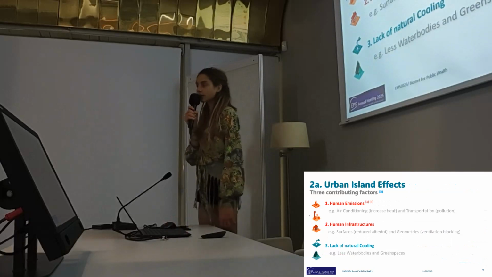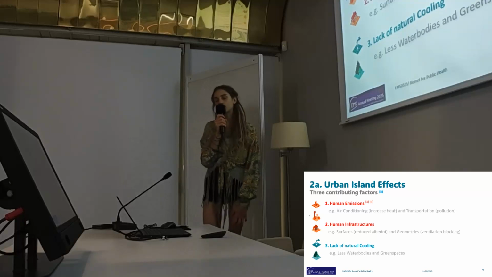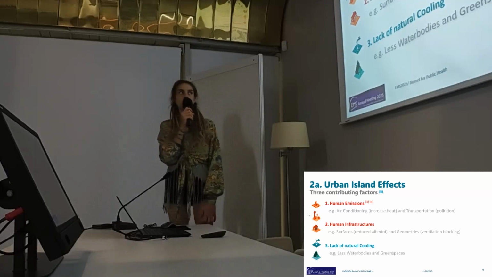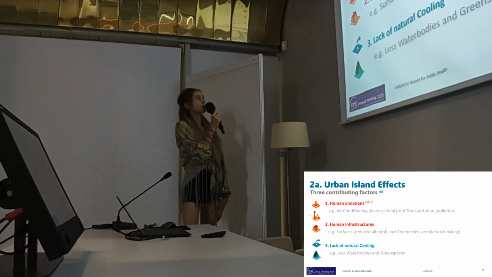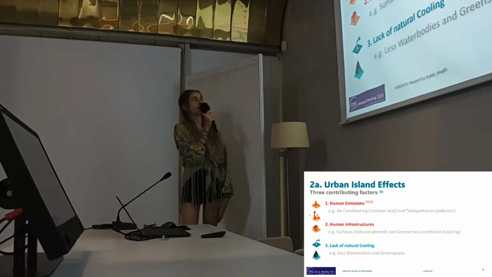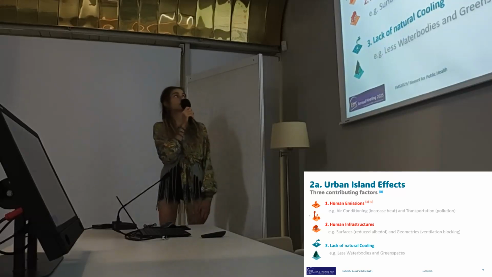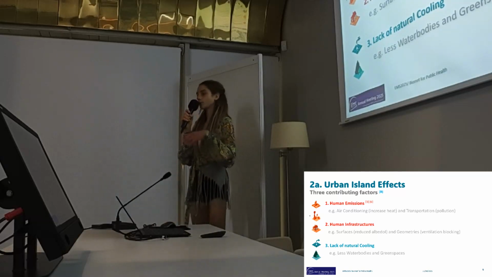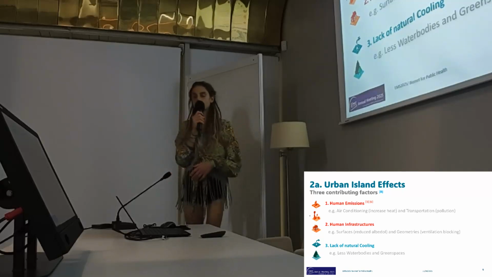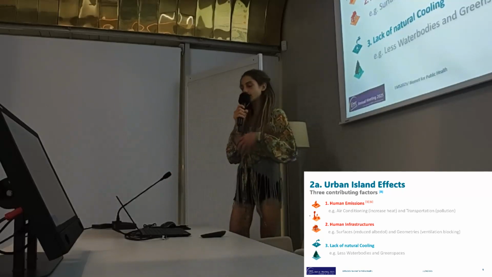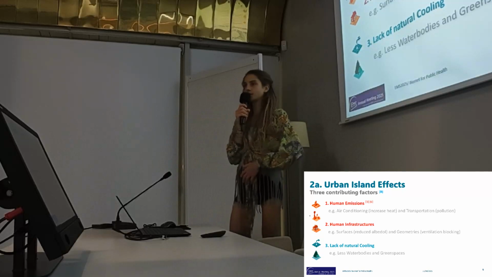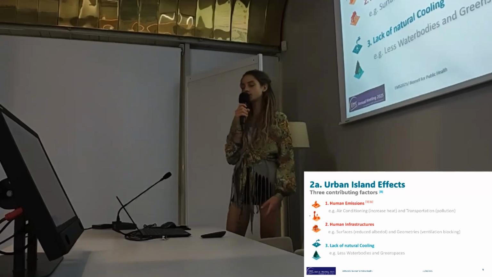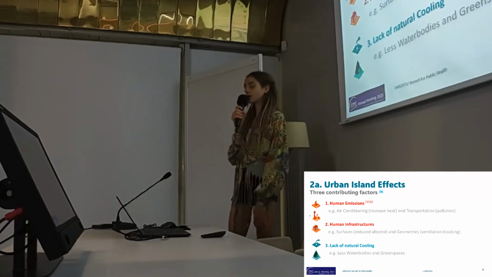And these effects, so urban heat and urban pollution, are caused by three components, which were found by the IPCC. So first, there are the human emissions. So within cities, there are cars, there's air conditioning, there is also some local industry, and all these emit both heat as well as air pollution.